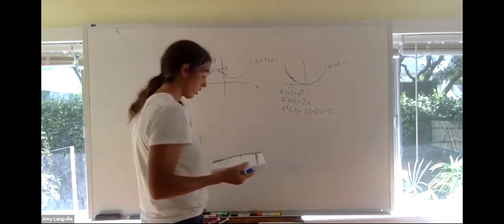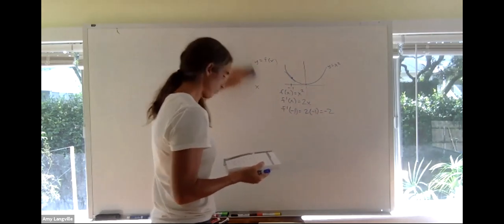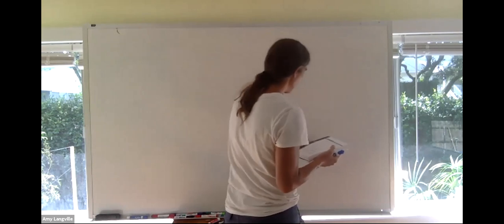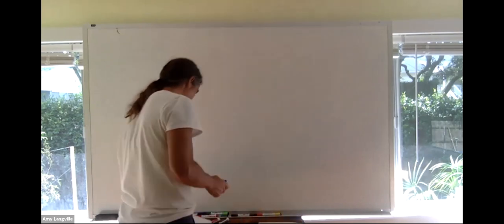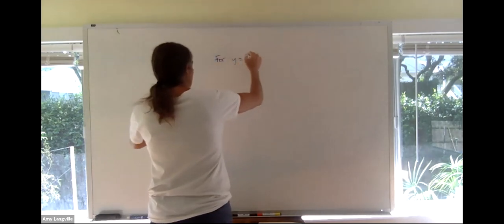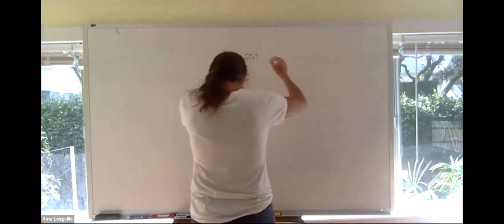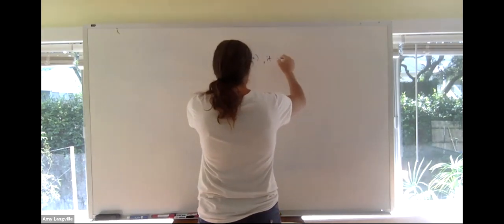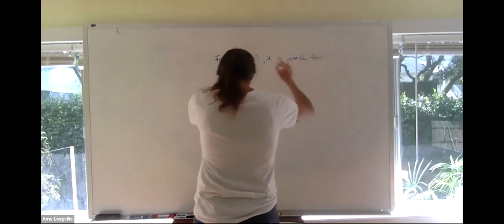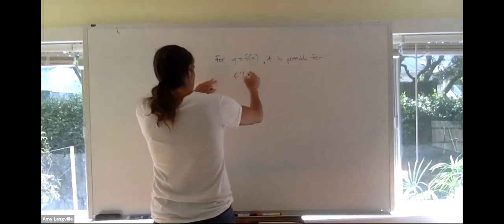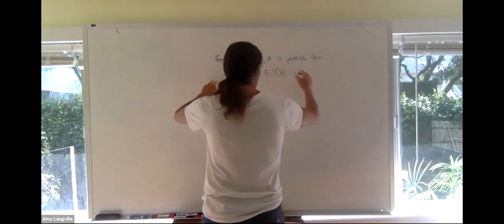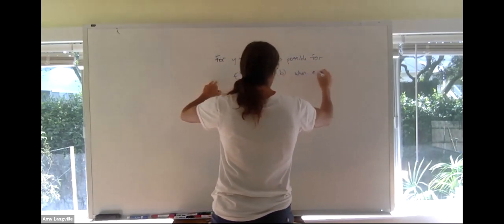Okay, let's just do one more concept review. It's another true false. It says, for a function y equals f of x, is it possible for f prime of a to equal f prime of b when a is not equal to b?